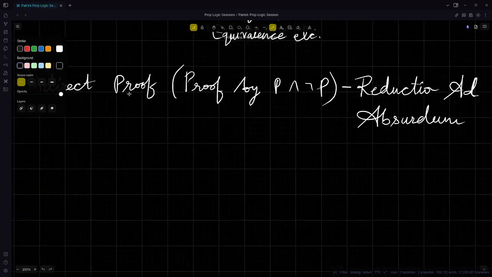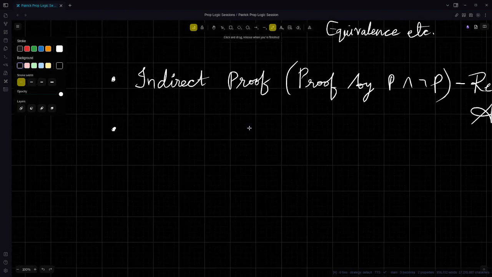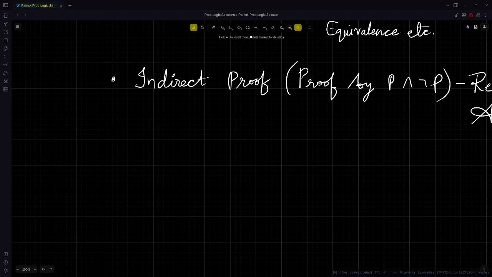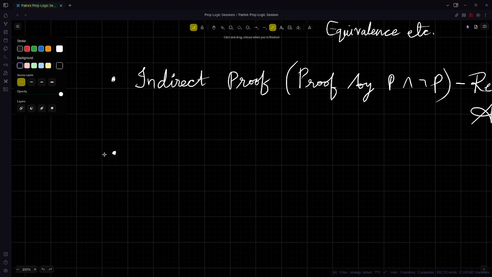And this is, in the words of Daniel Dennett, the granddaddy of all proofs in history. Literally, I don't think there's any domain of science or maths which does not involve the usage of an indirect proof. Even in physics, there are reductio ad absurdums.